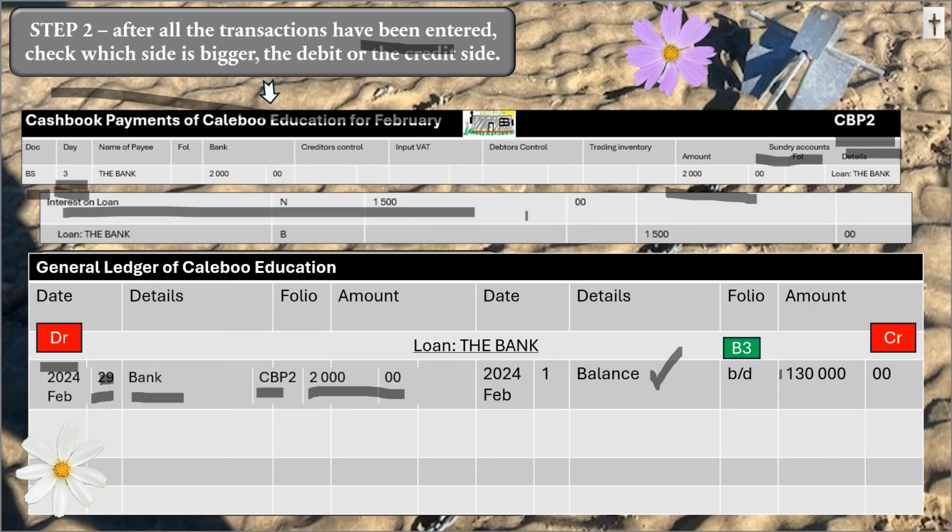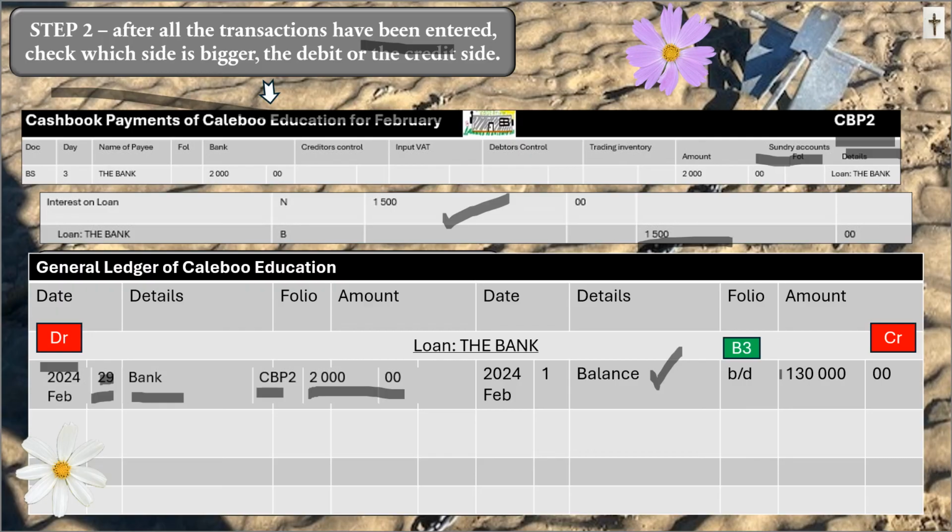Yes, there's another transaction. What happened was the bank doesn't give us the loan for free. They charged us interest on the loan of 1,500. This here is an extract, a screenshot of the general journal.